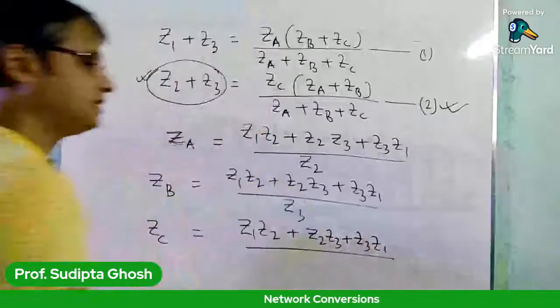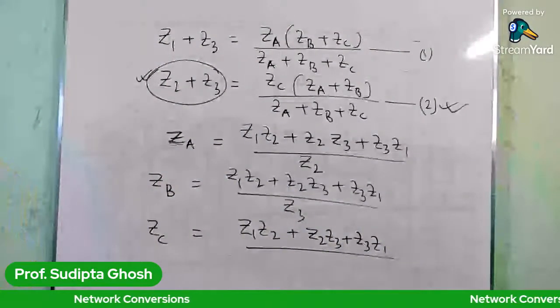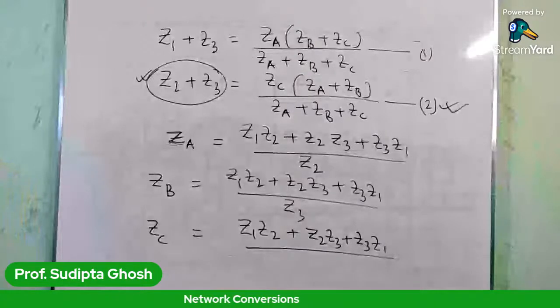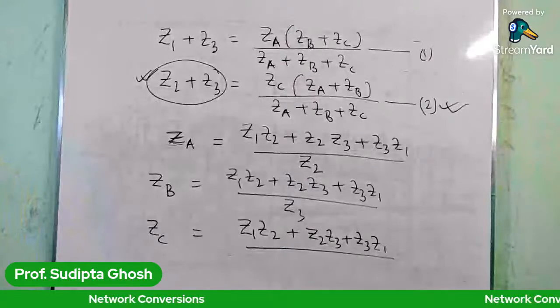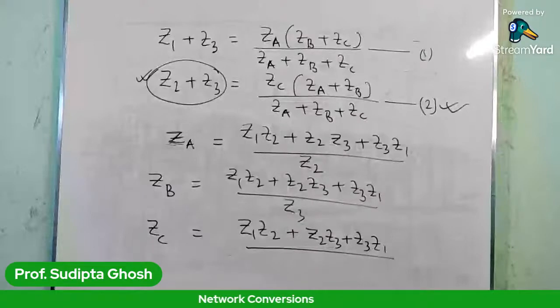If you are interested in the detailed calculations of how to find these values of ZA, ZB, ZC, or Z1, Z2, Z3, you can watch my two videos given in this channel, named pi to T network conversion and T to pi conversion.